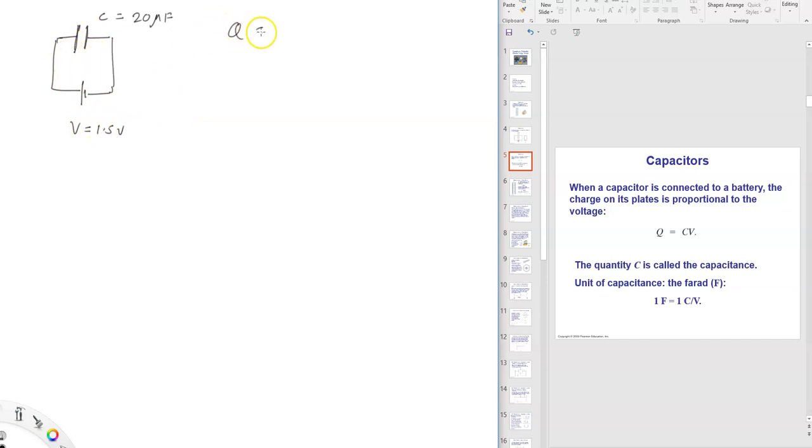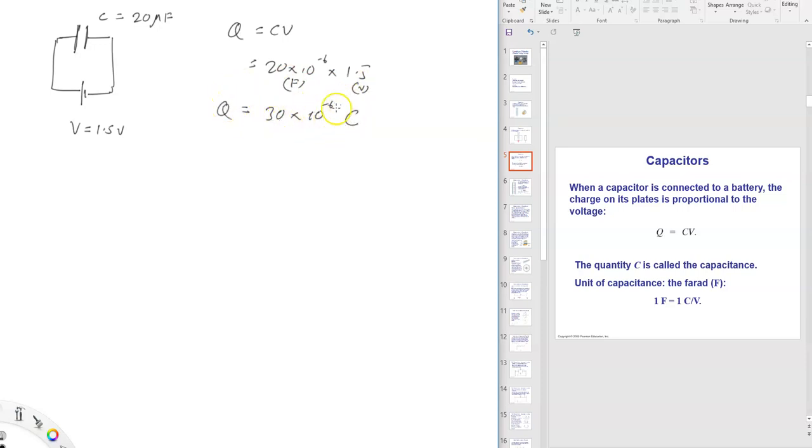It's given by Q equals CV, 20 times 10 to the negative 6 times 1.5 equals 30, right? 30 times 10 to the negative 6 coulombs. This is the charge, right? This is in farads, this is voltage. When you multiply them, you get coulombs.